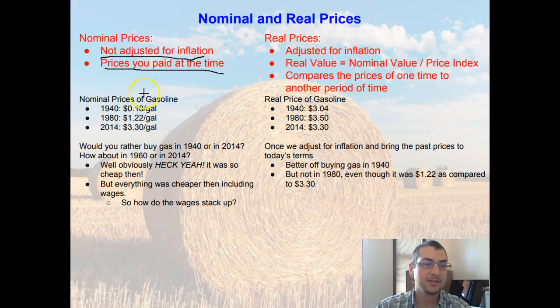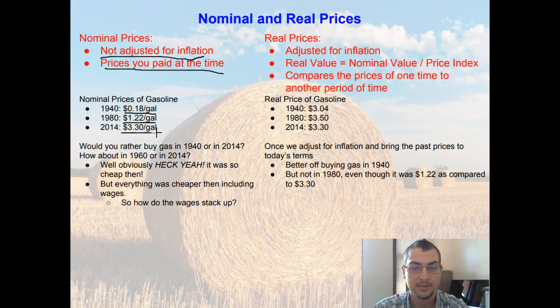So if we look at the nominal prices of gasoline, if you were buying gas in the 1940s, you would have been paying 18 cents a gallon. If you had been buying gas in 1980, you might have been paying just $1.22 a gallon. Nowadays, or in 2014, the average price would have been $3.30. That's the price you're paying at that time.